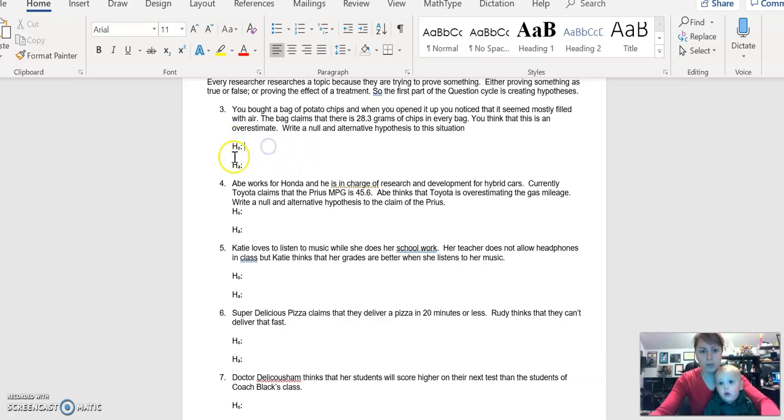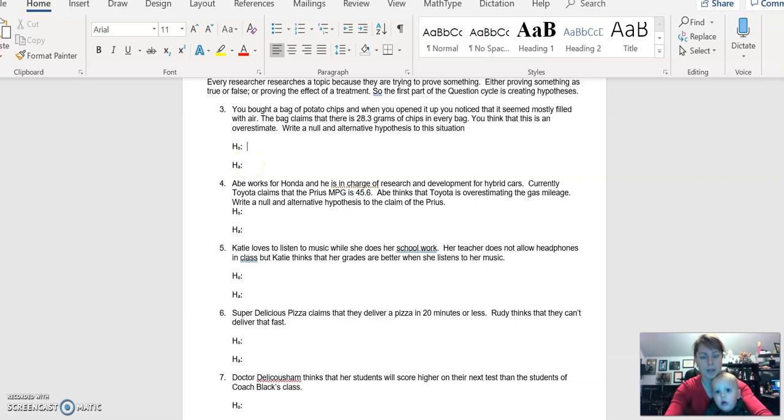So when we write our null, remember it's H0, our null would be that there are at least 28.3 grams of chips in every bag, and not exactly 28.3, because if you got more, then the company is still fulfilling their claims, but you're saying there's at least.